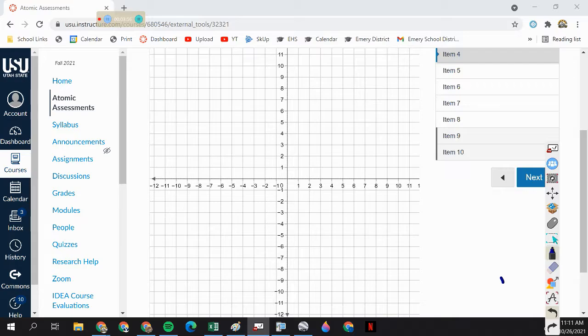Okay. So what if it started here and it looked like this? Anyway, it's going to be up here. And it's going to be somewhere down there. That was bad.